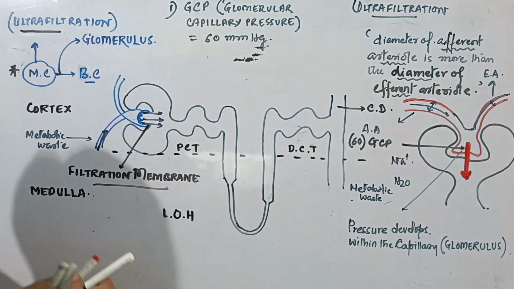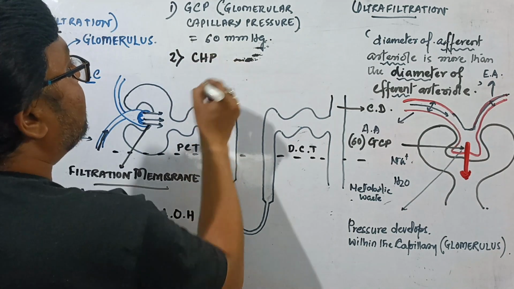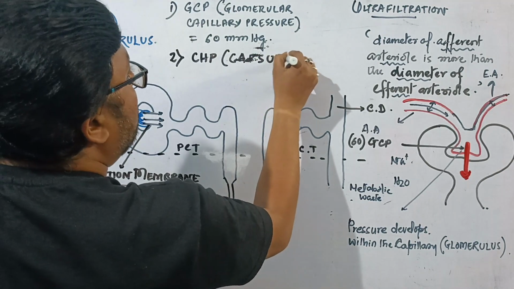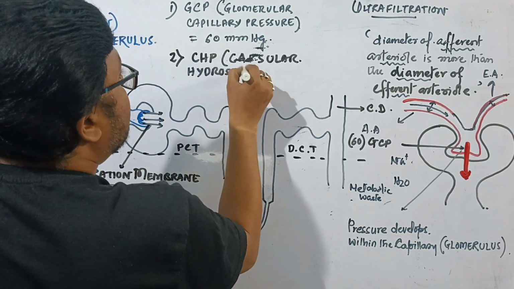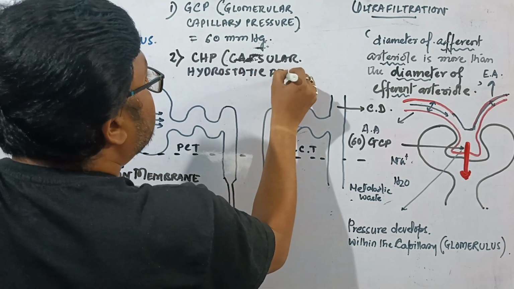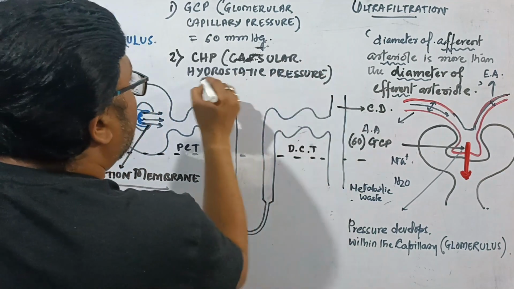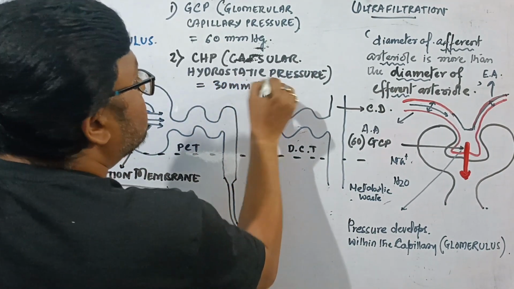What are they? One is capsular hydrostatic pressure, and it is exactly around 30 mmHg.